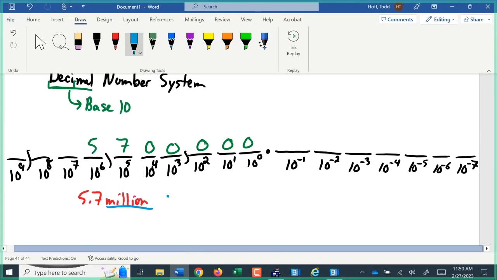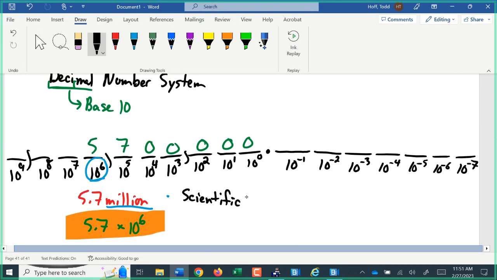What we can do is just use the place value of that digit as a power of 10, right? Rather than the word million, we can just do 5.7 and then times 10 to the sixth. Most of you probably recognize this as our scientific notation. And this is really the heart of scientific notation.